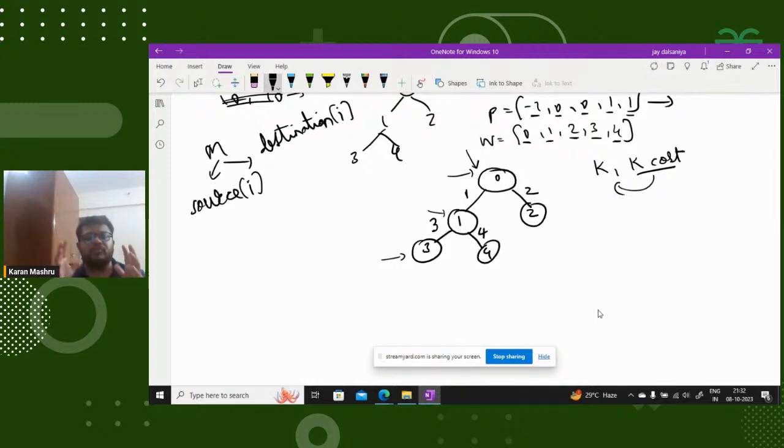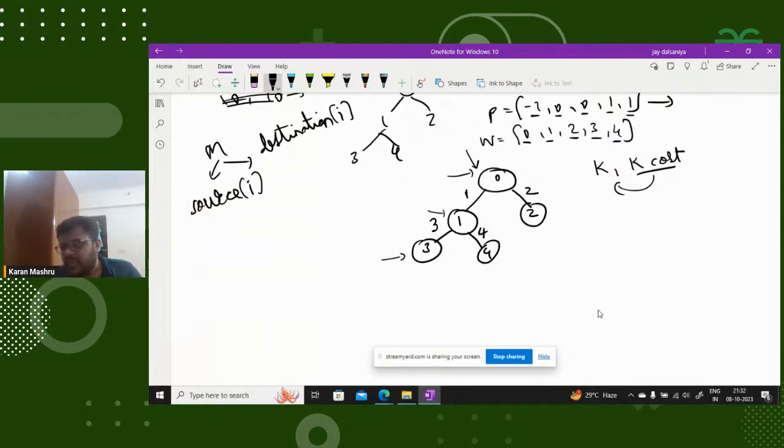So first you reach the source city of the 0th parcel, make it reach its destination, then come back to the source city of parcel 1 and reach its destination. Coming back is not counted. Basically, moving from source of i to destination of i is counted, for all the parcels, and we have to do that individually.